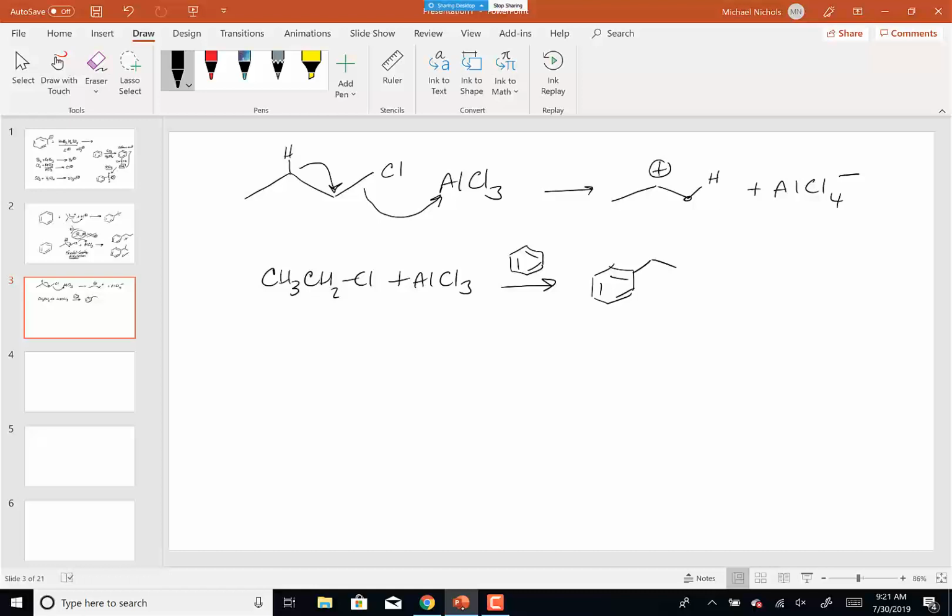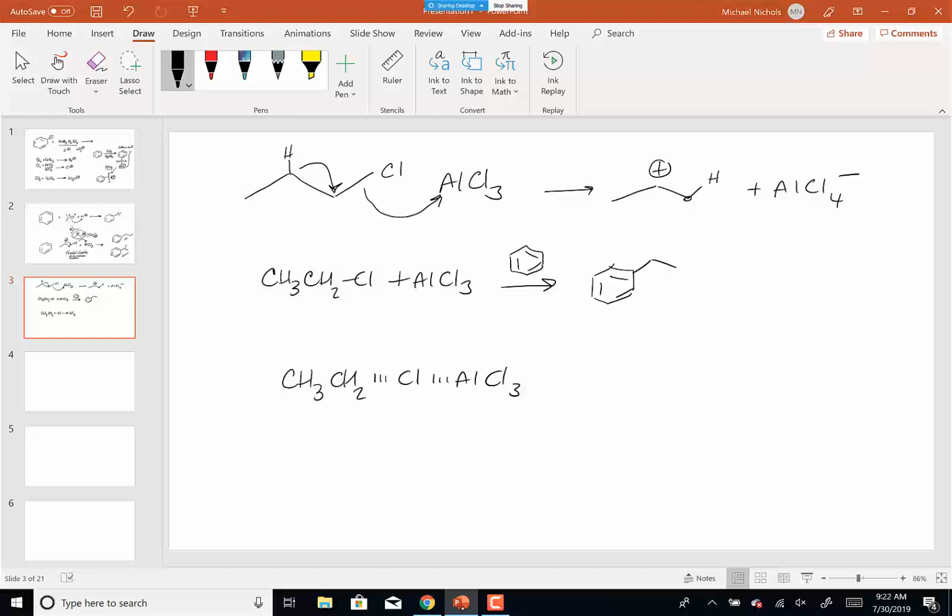And the answer is, you really don't end up with the primary carbocation, because if I write the transition state for this, I'm going to break the carbon-chlorine bond and form the aluminum-chlorine bond at the same time.